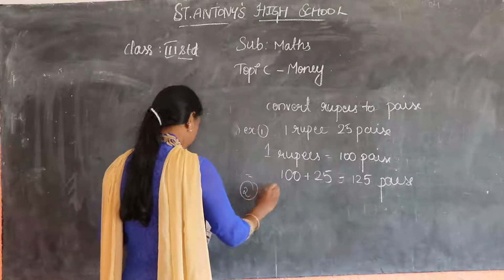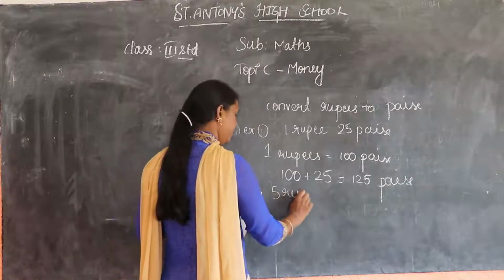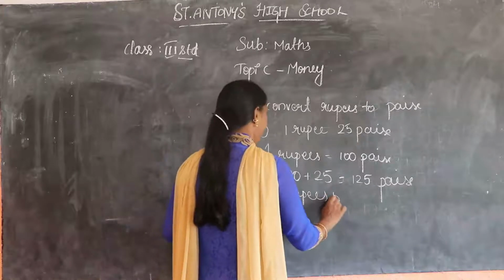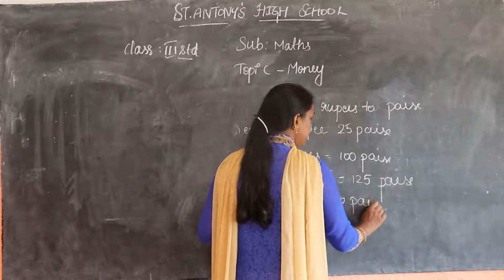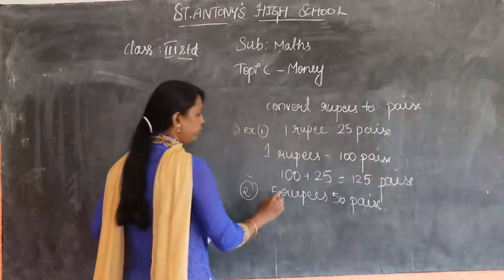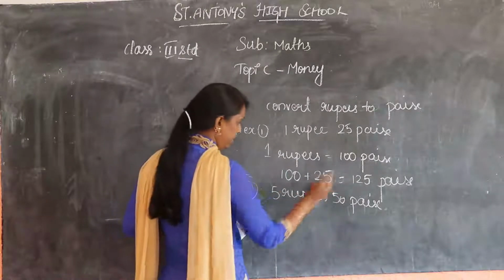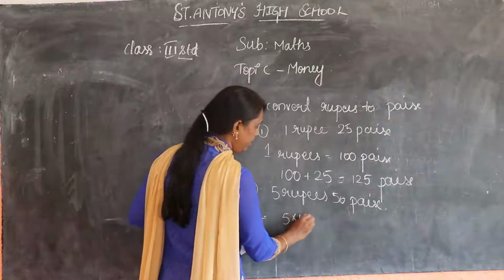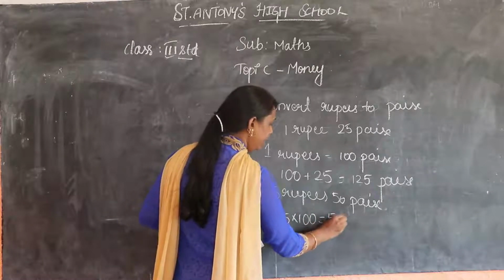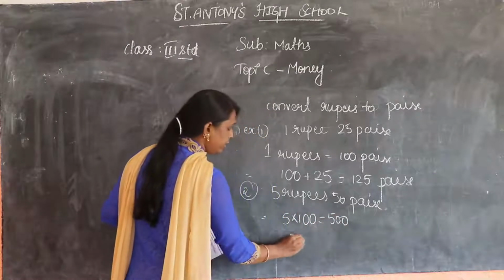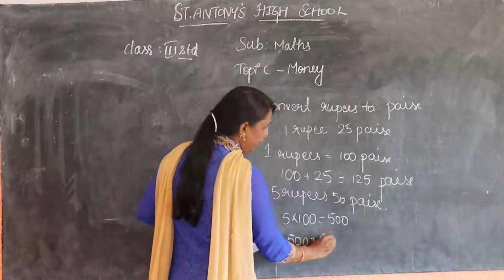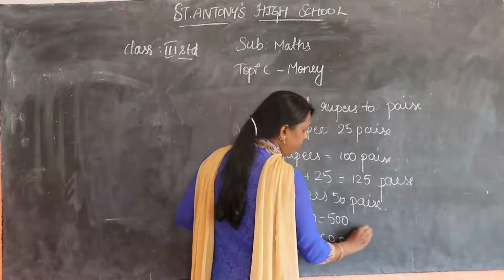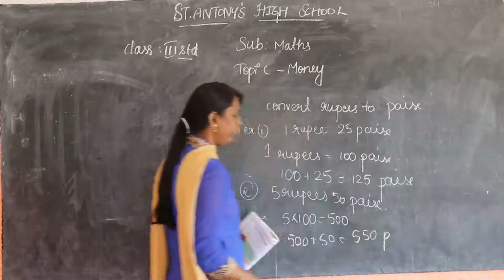Example number 2, 5 rupees 50 paise. For that we have to convert 5 rupees into paise. So 5 into 100 becomes 500, and then add 50 to 500, it becomes 550 paise.